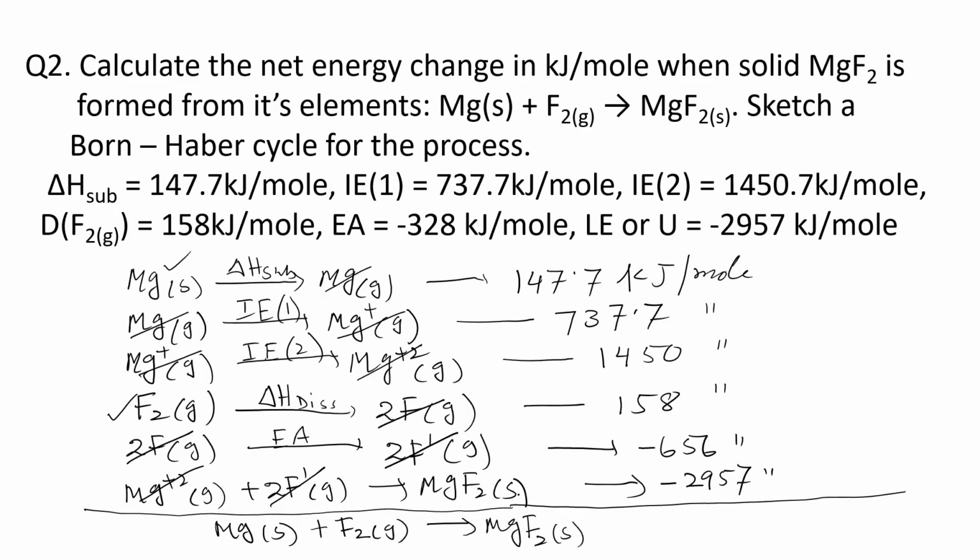So this is our formation of magnesium fluoride solid from magnesium solid and fluorine gas. And if you add it, then this value will come to minus 1118.9 kilojoules per mole. So this is the answer.